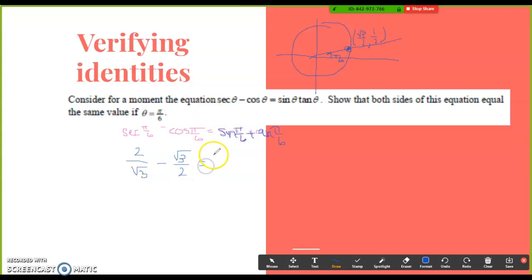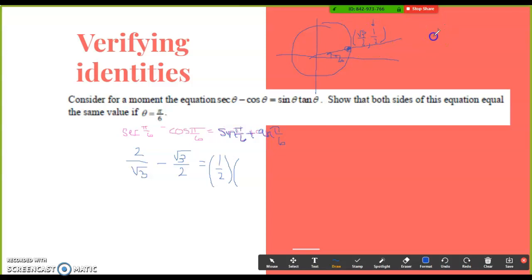And then it's going to be equal to the sine of pi over 6, which we know is 1/2, times the tangent of pi over 6, which is the sine divided by the cosine.